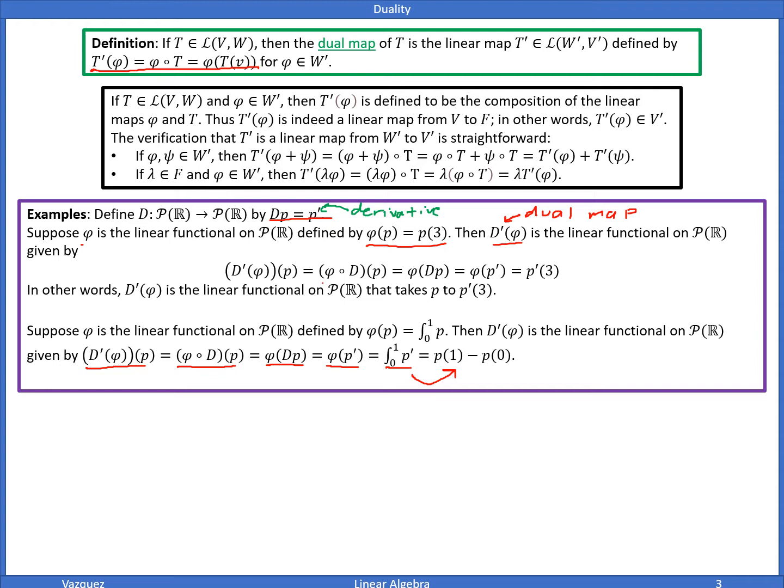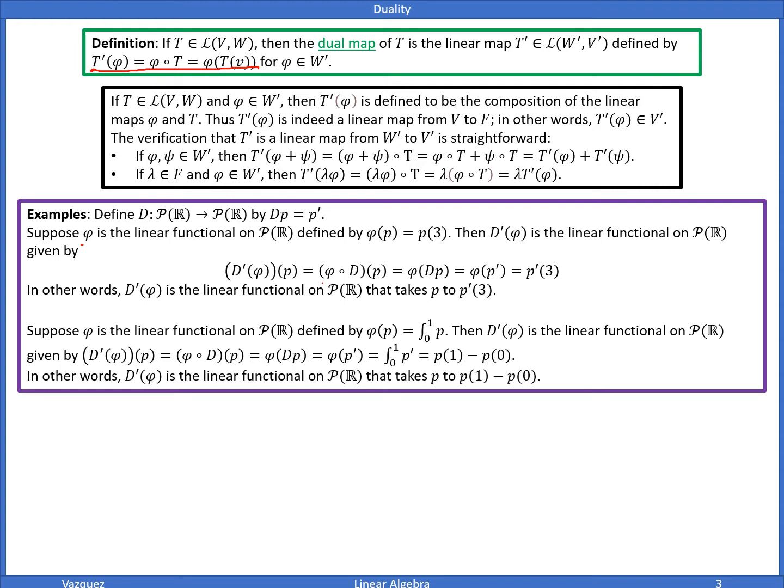So again, the dual map is also a linear functional, right? This over here is telling us the dual map is a linear functional. We're spitting out a value. And again, these were examples of linear functionals. So in other words, the dual map D prime of phi is a linear functional from the polynomials that takes p to p of 1 minus p of 0.